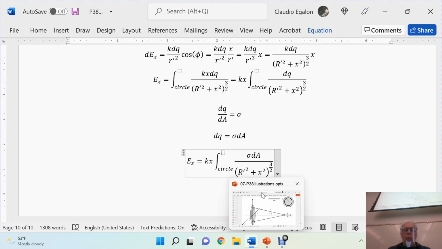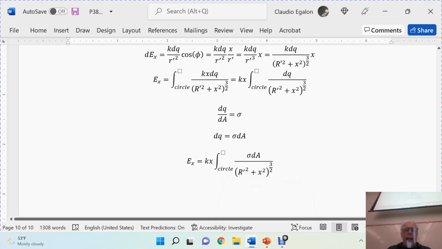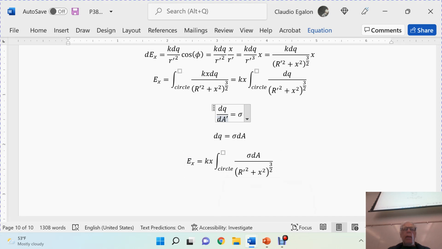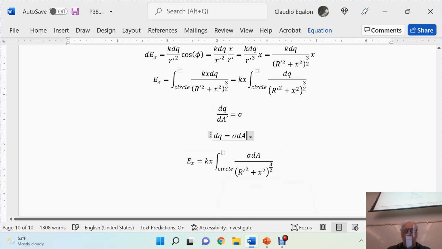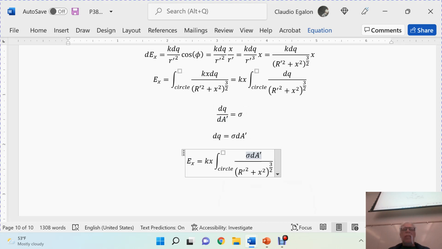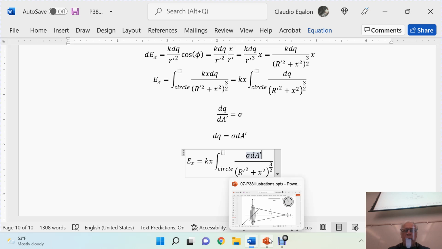And by the way, I'm going to write not dA, I'm going to write down dA prime to remain consistent with our notation. Remember, it's the area of the ring, right? Of the ring, no, it's the area of the disk. I'm going to write that down as dA prime, just to anything that's inside the charge distribution, we put a prime in there. That's the consistency.